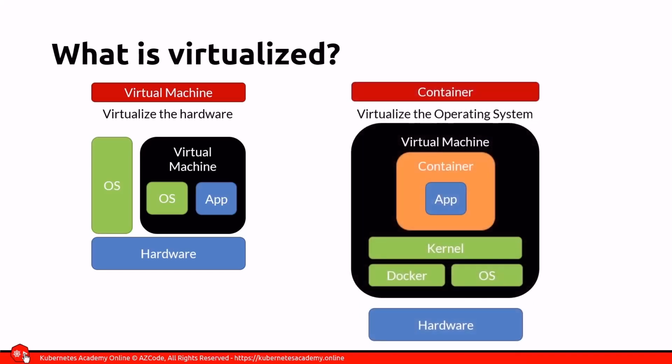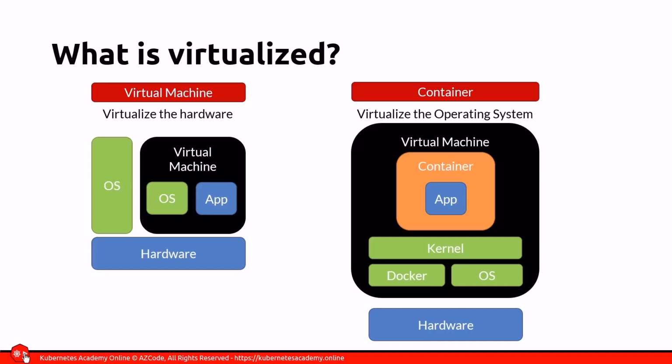Now, let's compare that to containers. We still have the hardware and the OS, of course. There's a container runtime installed in the OS, and container images are run in memory. Now, compared to a VM, a container does not have to boot because it will use the host OS kernel.